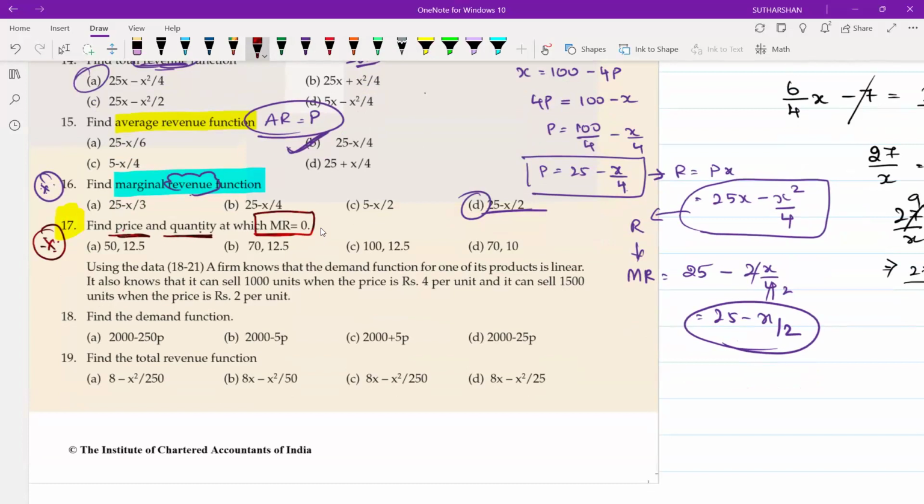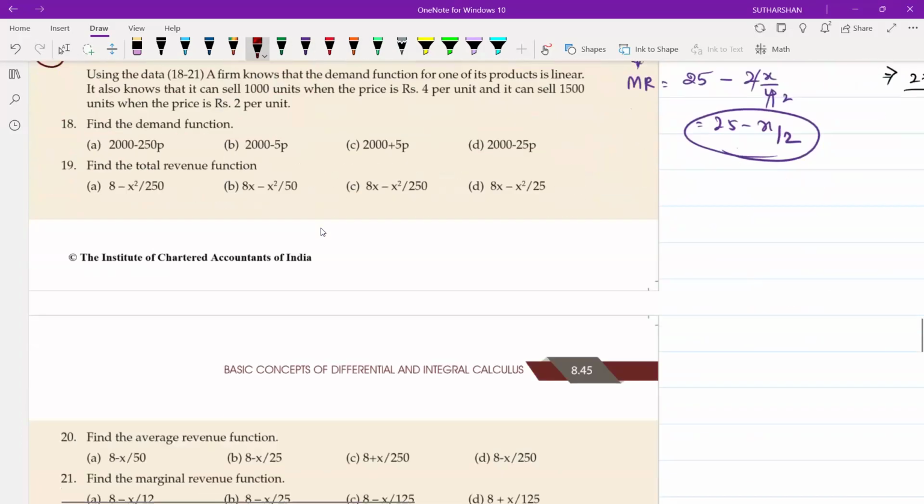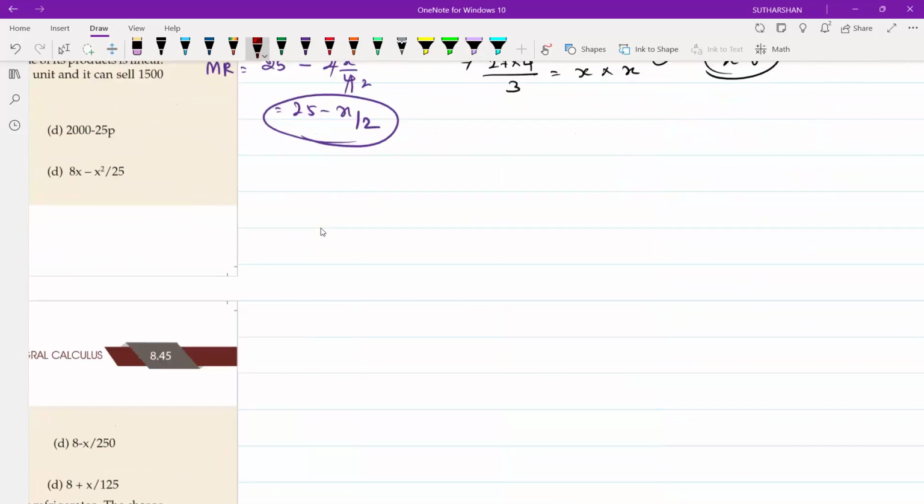So what we are going to do, 17th question, MR = 0. I will go for the MR I found: 25 - x/2. I will put 0 equal to 25 - x/2.